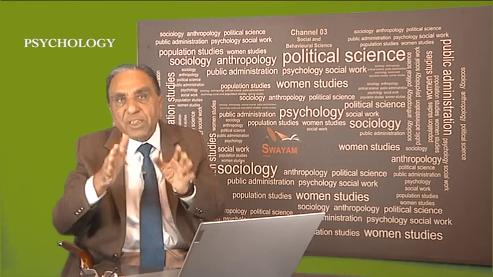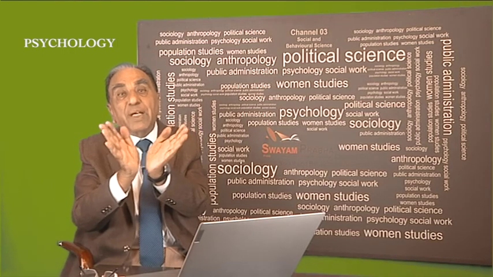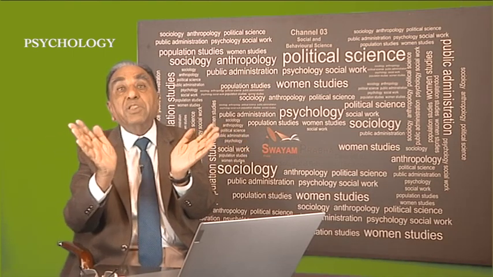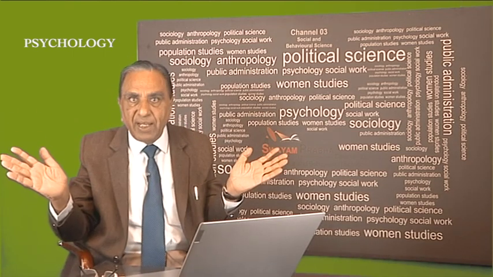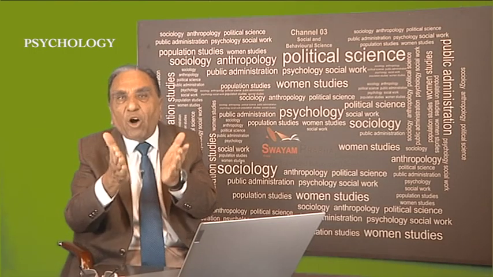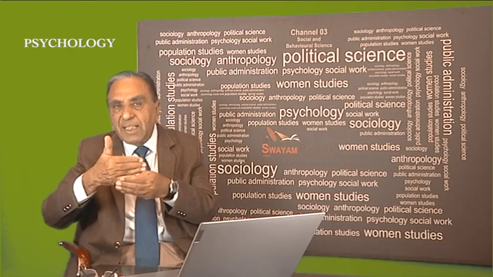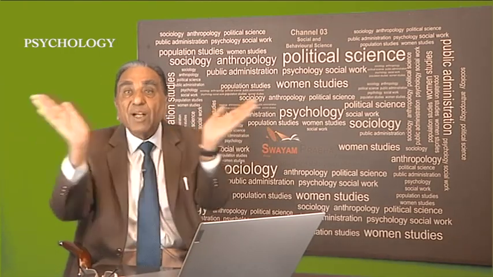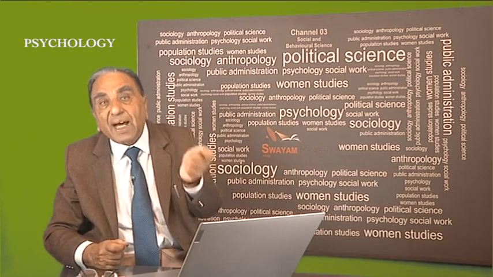Lipps says emotions are involved. When you are looking at the expanded line, there is an expansion in the emotions. You are elated. And when you are looking at the embedded, arrow-headed lines, your emotions are narrowed down. Because of the lowering of emotions, that line appears shorter, and because of the elated emotion, that line appears longer, whereas both the lines are equal.